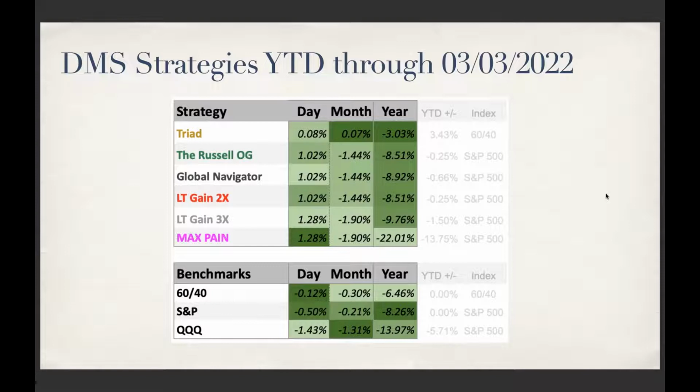But as of right now, not at the end of the closing day, but the futures market right now, with the exception of Max Pain, Russell OG, Global Nav, and the two LT gain strategies would all be almost 2% higher than the S&P if the overnight numbers hold where they are today. Don't know what that'll be tomorrow, though.